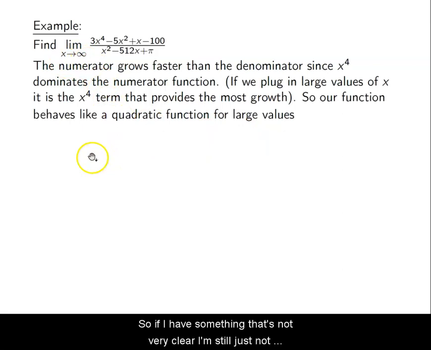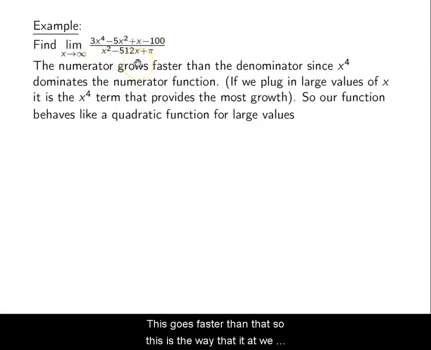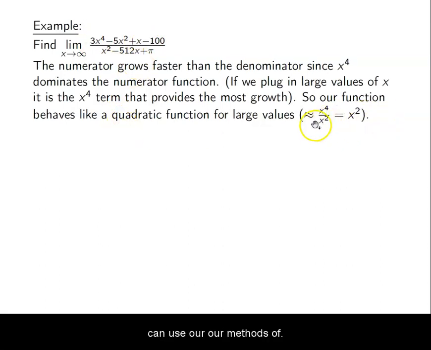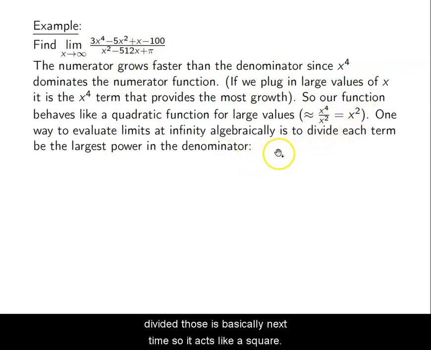If something is not very clear, or you're still not understanding the idea that this grows faster than that, we can use our methods of algebra. Again, looking at the dominating terms, x to the 4th and x squared, if you divide those, it's basically an x squared term, so it acts like x squared.